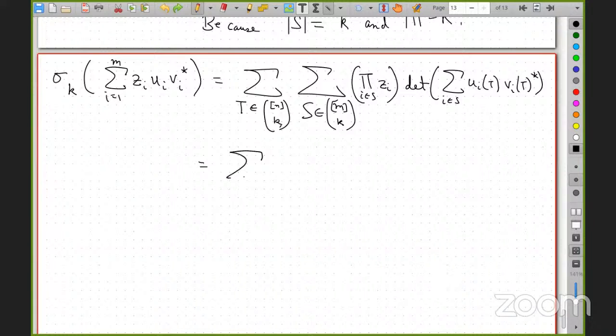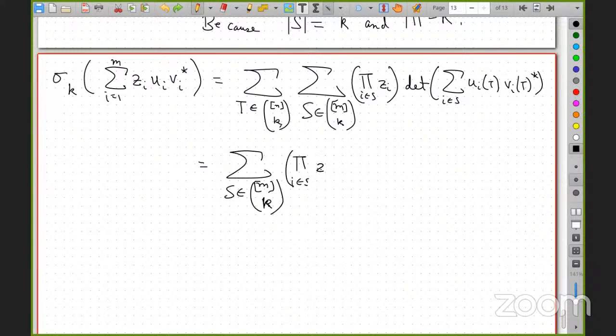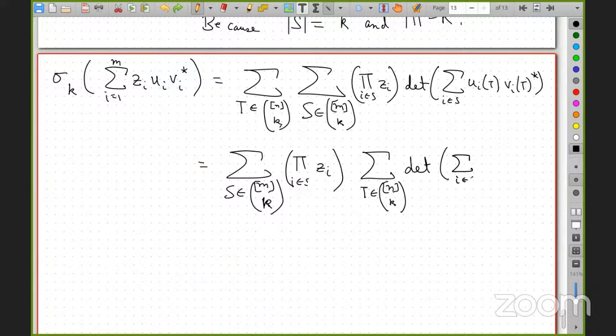Now let's just change the order of summation. So the sum over S, a size k subset of m, of the product of zi for i in S, and then you have the sum over all size k subsets of n of the determinant of the summation over i in S of uiT vi T star.